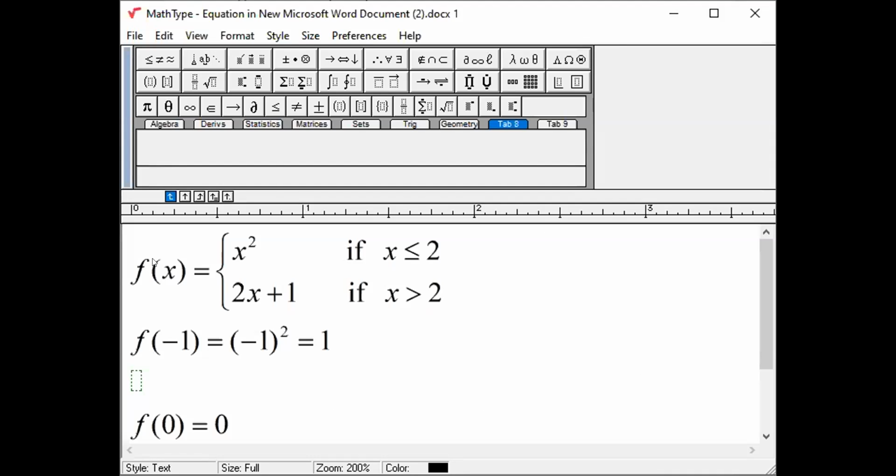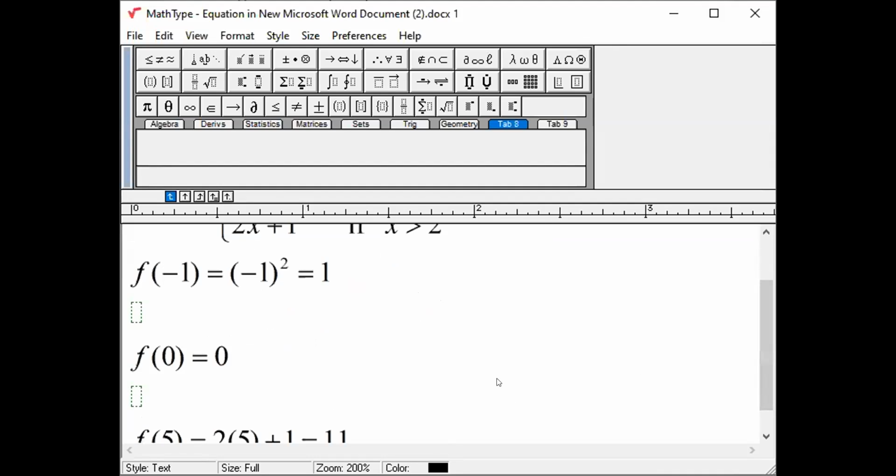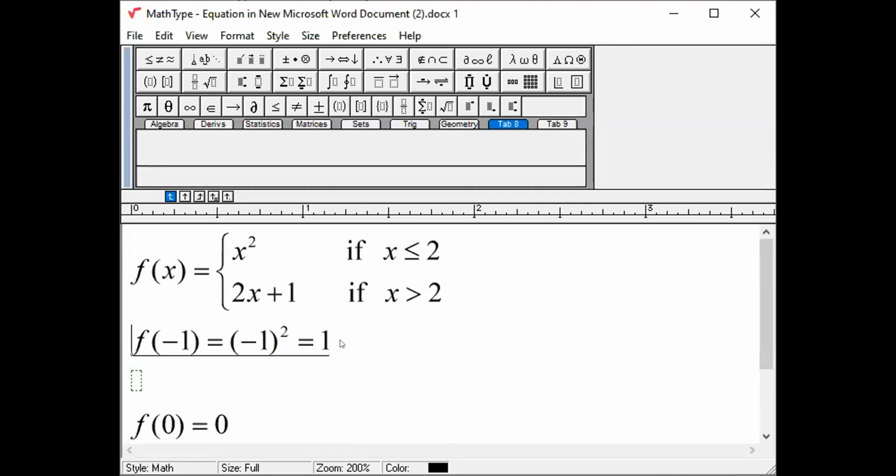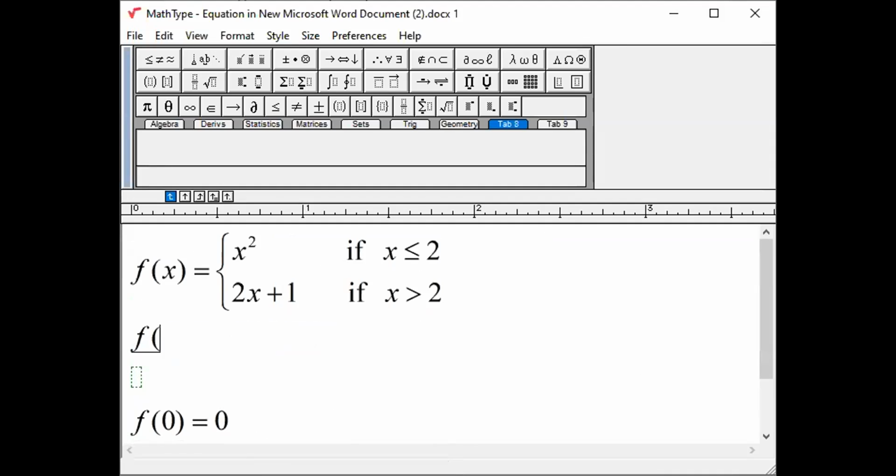Okay, so f of 2. Is 2 less than or equal to 2, or is 2 greater than 2? Well, 2 is equal to 2, so we'd go here. So f of 2 is going to be 2 squared, or 4. f of 2 equals 2 squared equals 4.